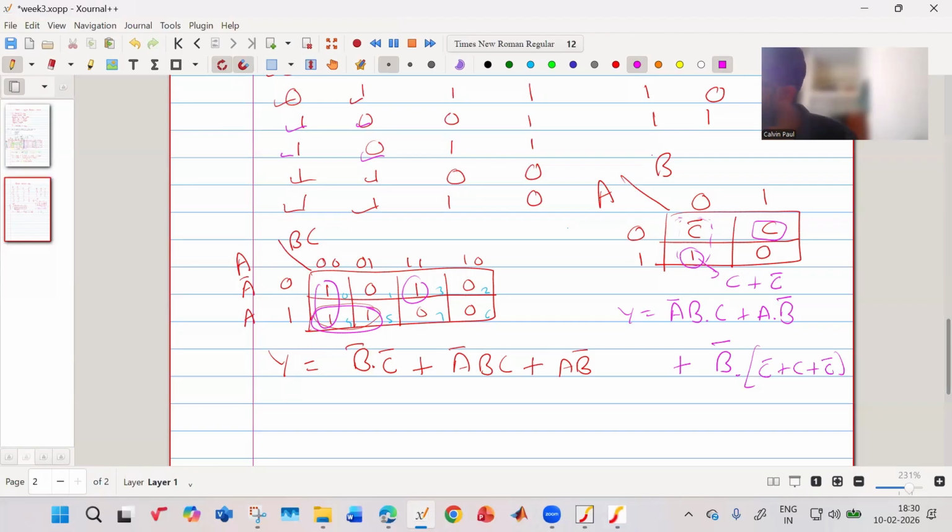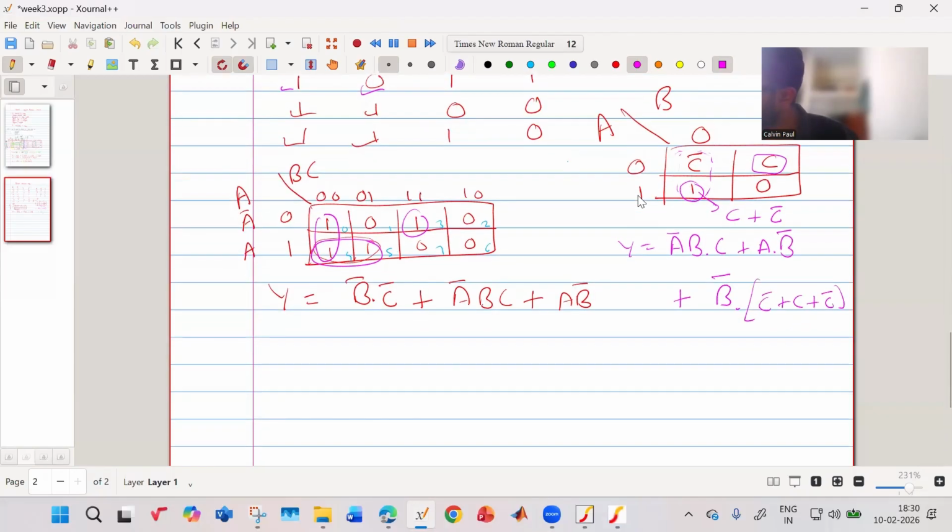Then what is your Y in that case? The first two terms remain the same: A bar, B, C plus A and B bar plus B bar. And what is C bar plus C bar? What would that value be? C bar itself. Yes, it will be C bar itself, right?